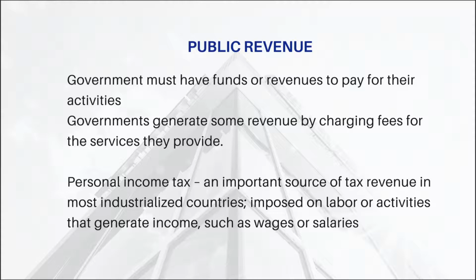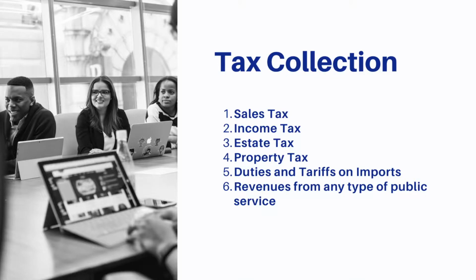We impose it on labor or activities that generate income, such as wages or salaries. But aside from personal income tax, government also collects tax from sales tax, estate tax, property tax, duties and tariffs on imports, and revenues from any type of public service.